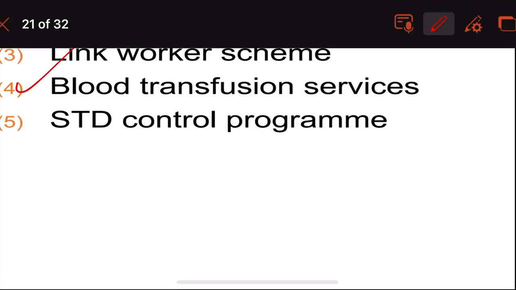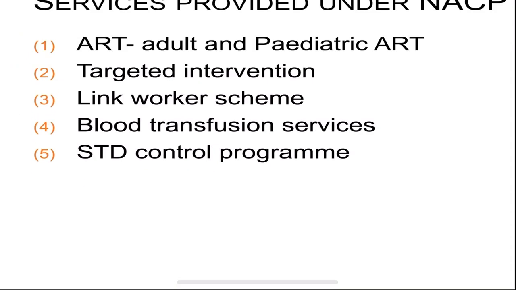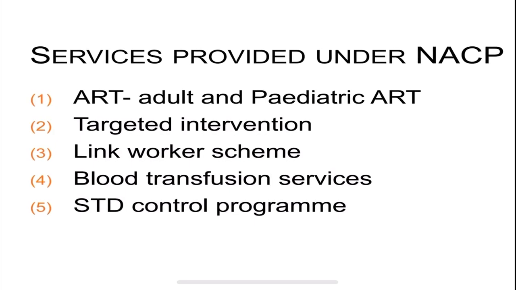Now we move to the next point, that is blood transfusion service. What does the blood transfusion service include? Initially they used to call it blood safety service, but now they have renamed it the blood transfusion service. Our main horizon is to prevent transfusion which is transmitting infections.